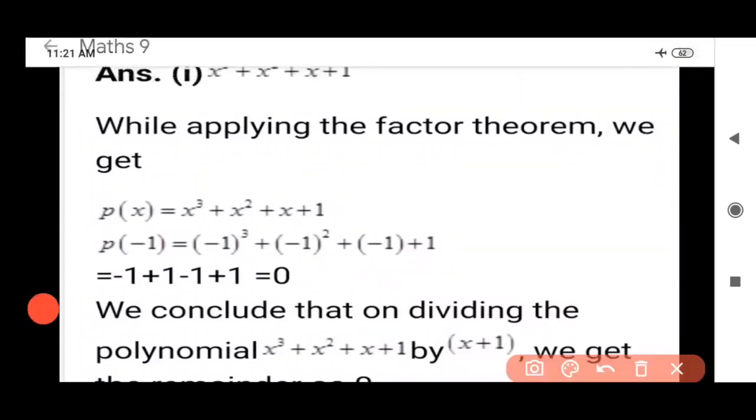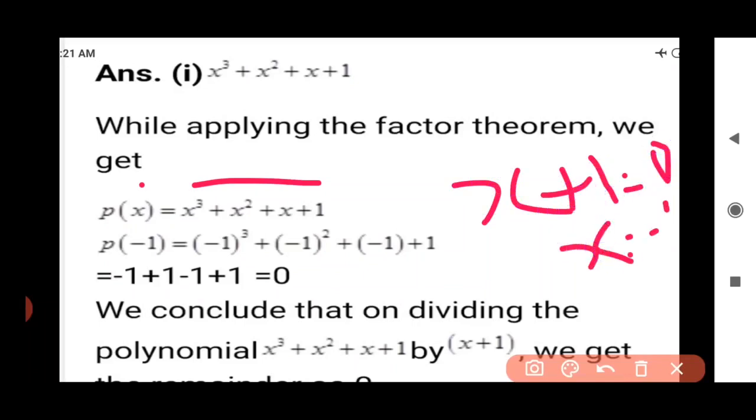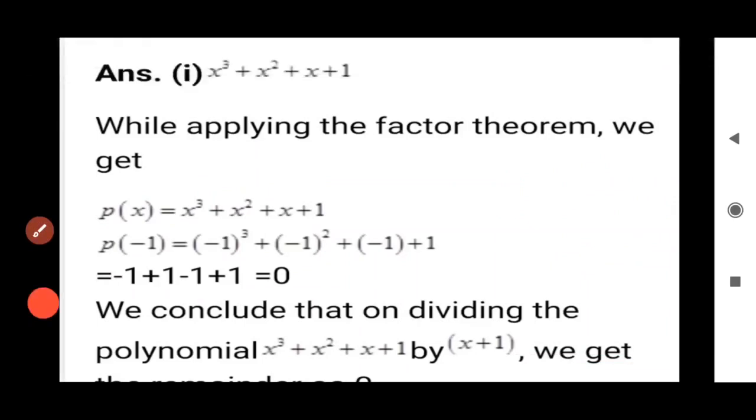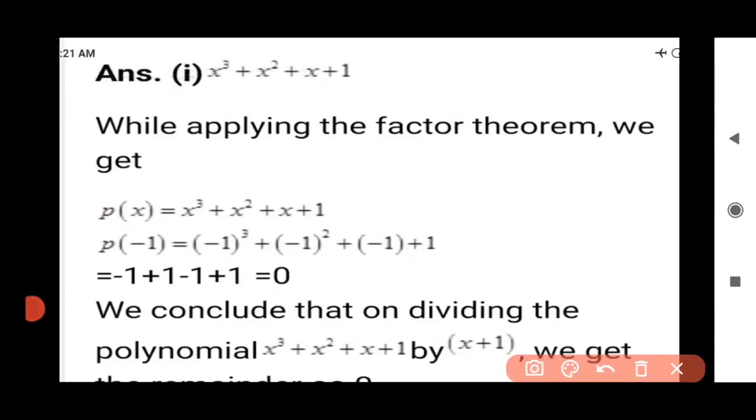While applying the factor theorem, p of x is the given polynomial x cube plus x squared plus x plus 1. So take x plus 1 equal to 0, so x is equal to minus 1. Apply x equal to minus 1: minus 1 cube plus minus 1 squared plus minus 1 plus 1.